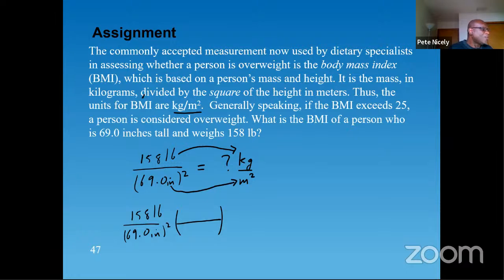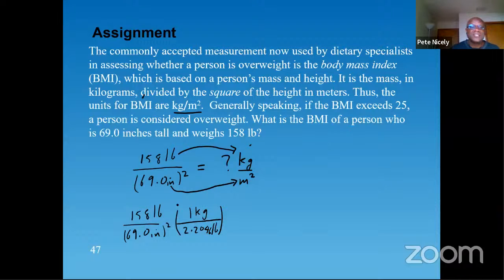Okay, so according to the chart, 1 kilogram is equal to 2.2046 pounds. The way I would represent that here is I'm going to put 1 kilogram here, and down here as a denominator, I'm going to put 2.2046 pounds.